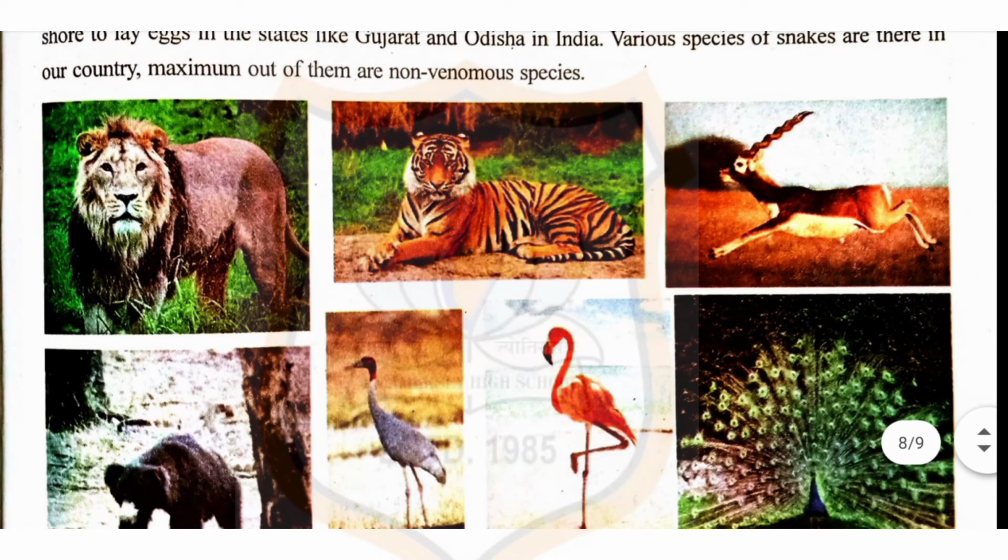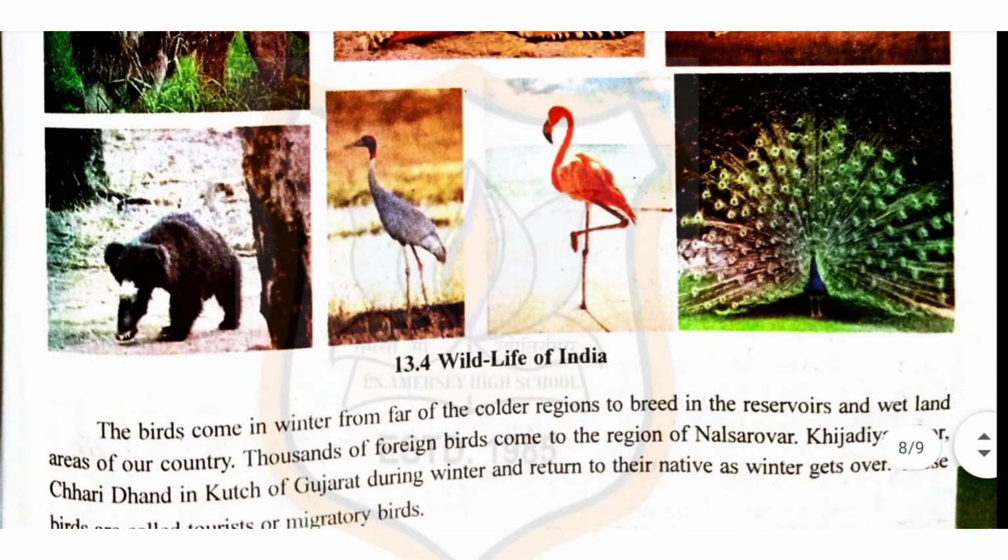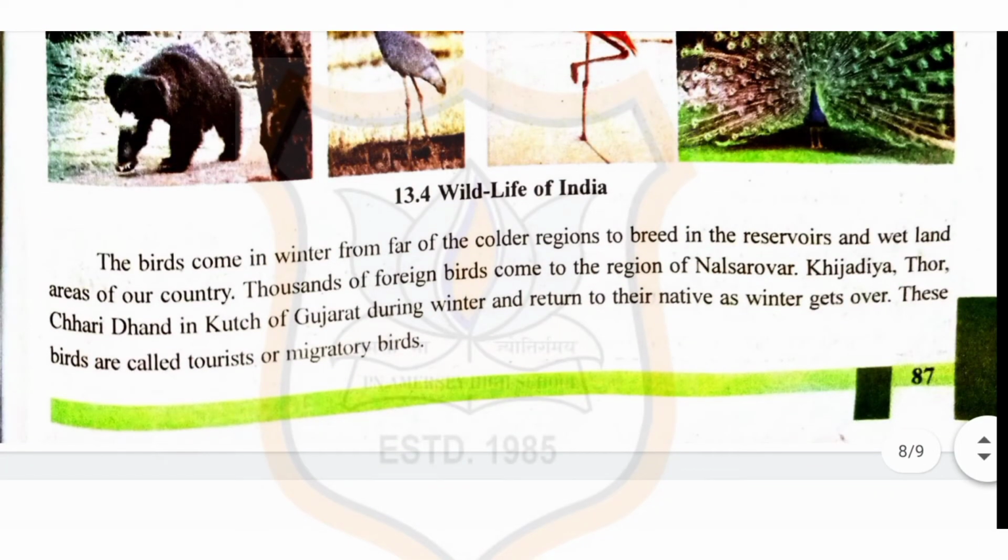Children, you can see page number 87, 13.4, Wildlife of India. So please have a look on this picture. The birds come in winter from far off colder regions to breed in the reservoirs and wetland areas of our country.